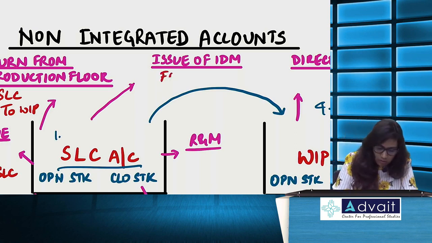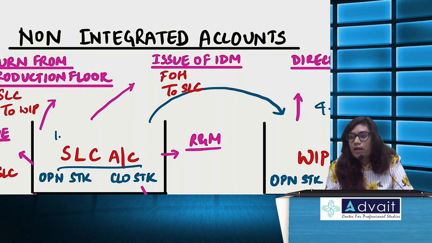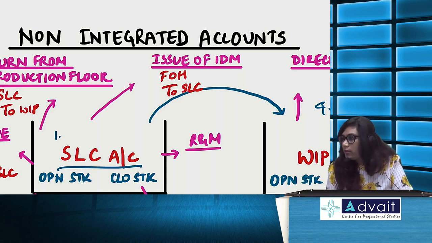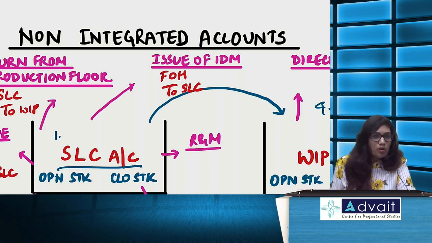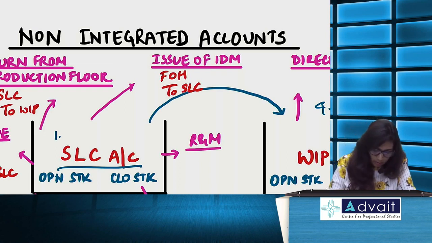FOH to SLC. Guys, correct? At the same time, if they say it is to office, then what will you do? AOH to SLC. At the same time, if they say no, it is for marketing, then SNDOH to SLC. Guys, clear? Okay.